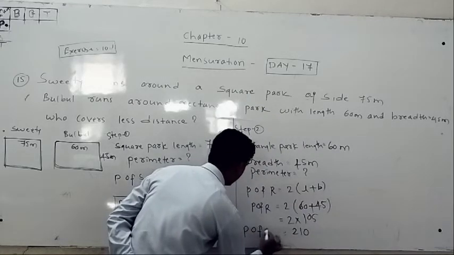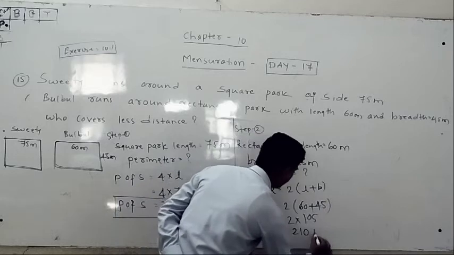Perimeter of rectangle is equal to 210 meter.